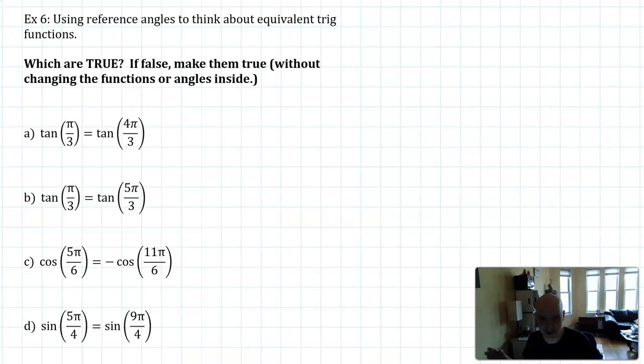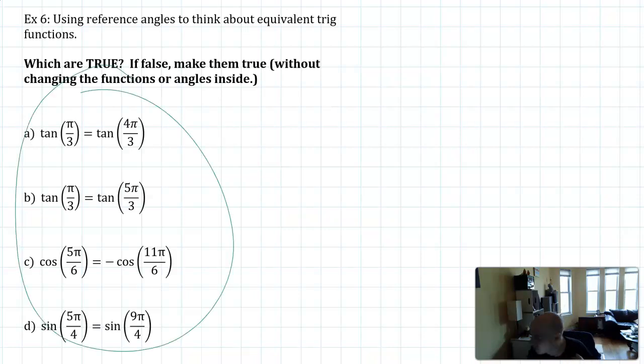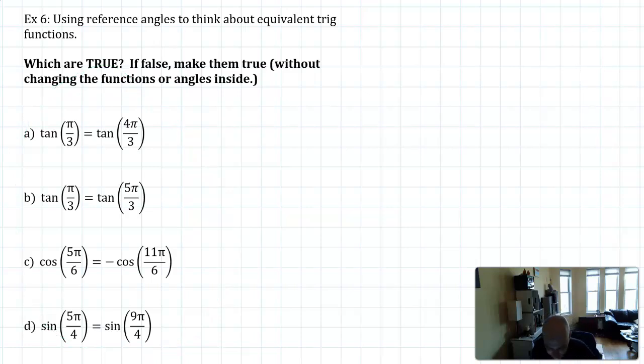And the last thing we're going to do today is use reference angles to think about which trig functions are equal without finding the values. I know that you could just do this by calculating every decimal there, but the goal here is to actually think instead of just calculate. So that's what we're going to do here. So the question is, which of these are true?